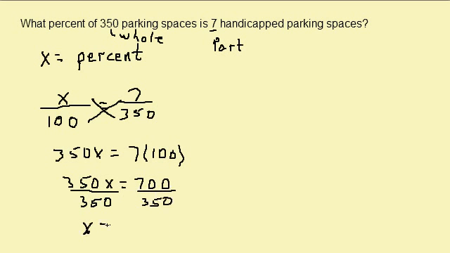So I get x equals, and here the x's cancel out, so 700 divided by 350 is 2, and that's going to be 2%. That's what we're looking for. That's the percent here. So x is 2%.